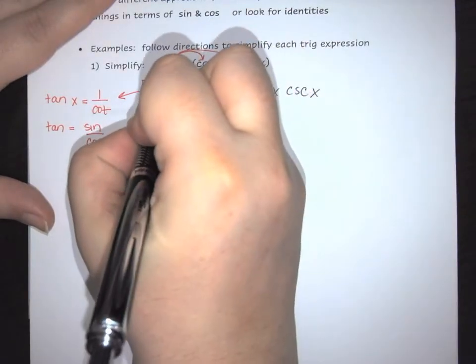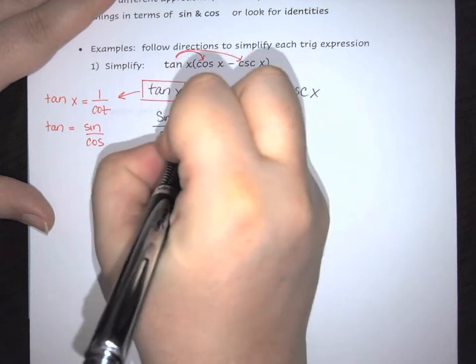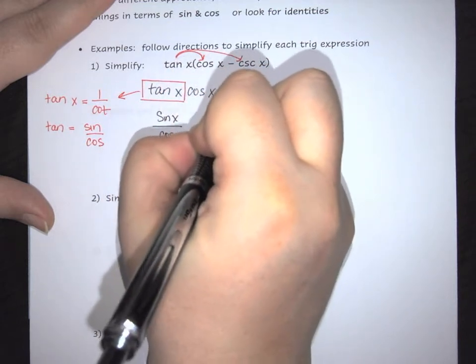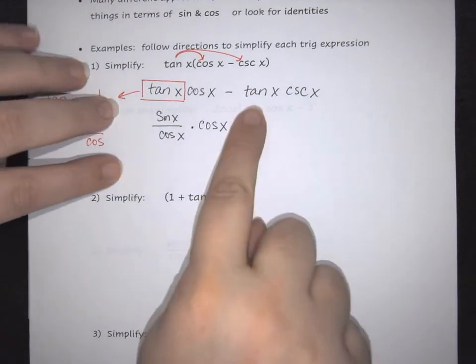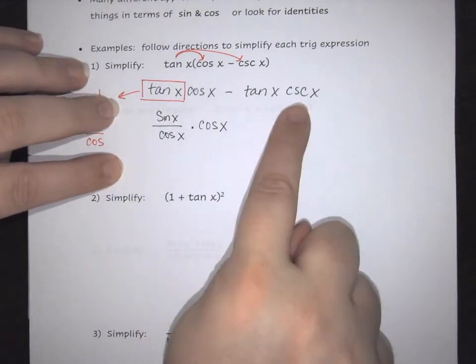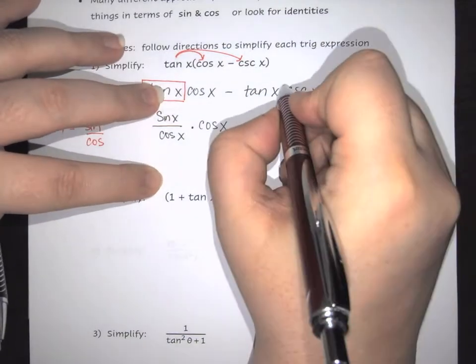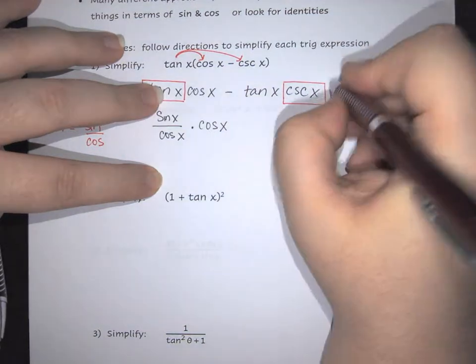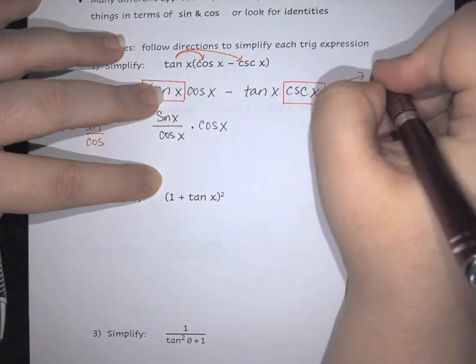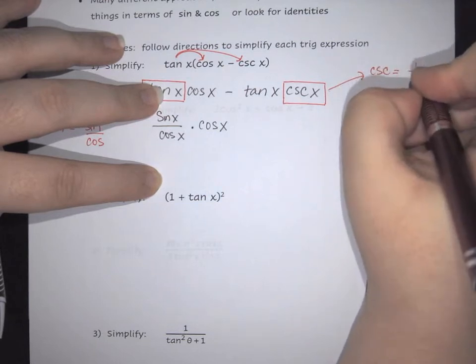So you rewrite it as sine of x over the cosine of x, and we're still multiplying that by the cosine. And then again, we have to look on the other side. Well, notice both of these I can rewrite. The first thing I know is if I look at my cosecant, I know that my cosecant can be the same as 1 over sine.